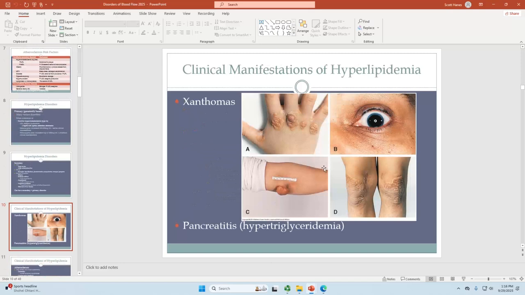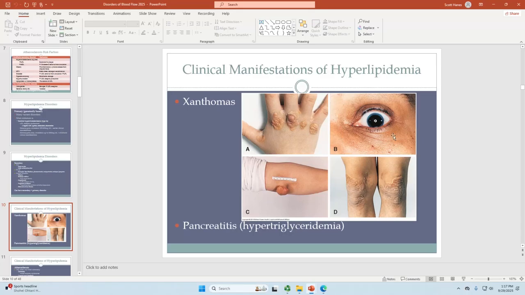What are some of the clinical manifestations that we expect to see? Not very commonly will you see xanthomas unless the concentration of cholesterol is really high. Okay, you can see these cholesterol deposits, these fatty deposits, particularly at joints, flexure joints, where tendons are. So here you can see the knuckles, the elbows, the knees.